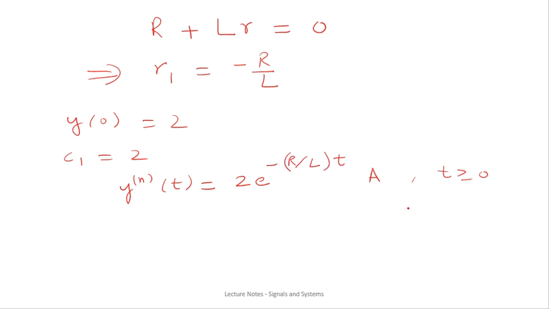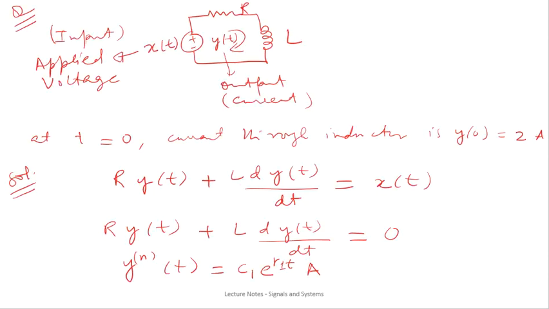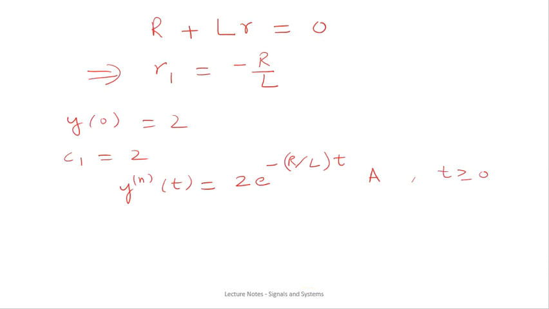So this is the final form of the natural response. So in this expression you have just calculated the values of C_1 and r_1 and put the values of C_1 and r_1 in the expression of natural response. So this will be the natural response for the problem.